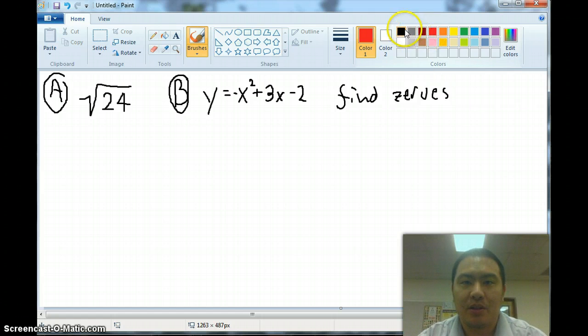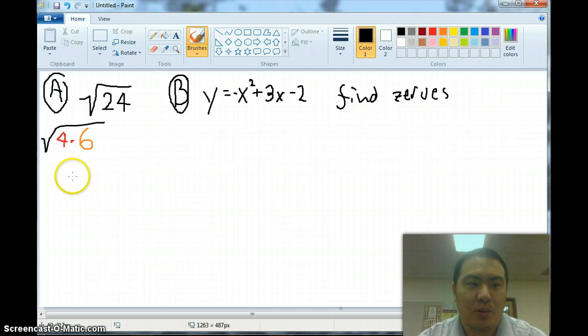The first thing I'm going to do is write out what the square root of 24 really is. The square root of 24 really is the same thing as 4 times 6, right? Let me start again.